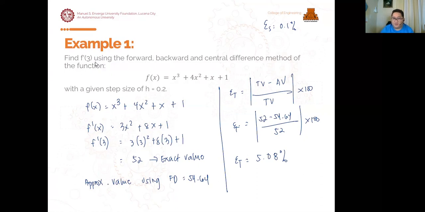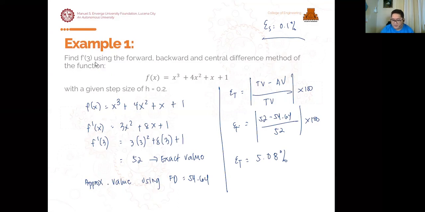Then, once nakuha mo yun, kunin mo ulit, makukuha ulit approximate value. Then, kunin mo yung approximate true value mo. Then, i-compare mo dun sa specified true value mo na epsilon sub s. No? Hanggat hindi na satisfy, i-half mo lang i-half yung step size mo. Okay? So, yan yung sa forward difference natin.